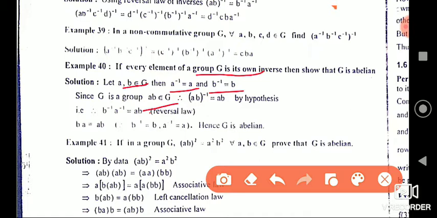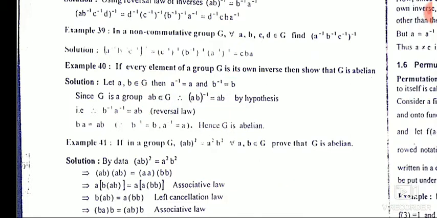So AB belongs to G. Then what is the inverse of AB? By the statement, its inverse is also itself. (AB) whole inverse will be, if AB is an element, then its inverse will be the same, that is AB.